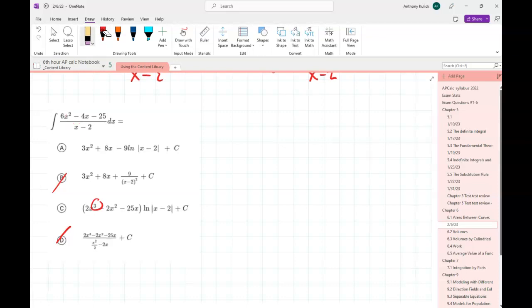So immediately I could discard it because of the cube. Excellent. Everybody's cool with that reasoning? Another is that the natural log should only be multiplied to the remainder of that synthetic division. Here it's multiplied to the entire quotient. I know that's bad juju also. Either reasoning, that one's gone, has to be A.